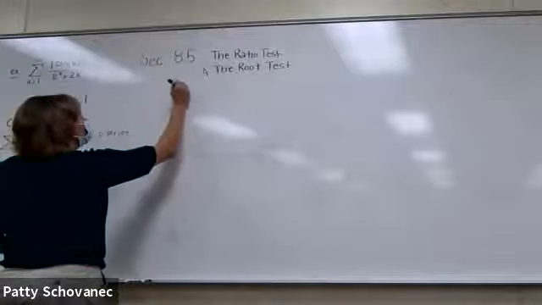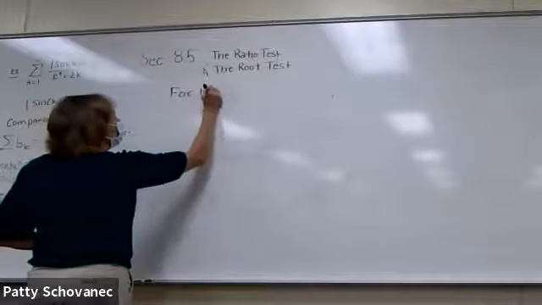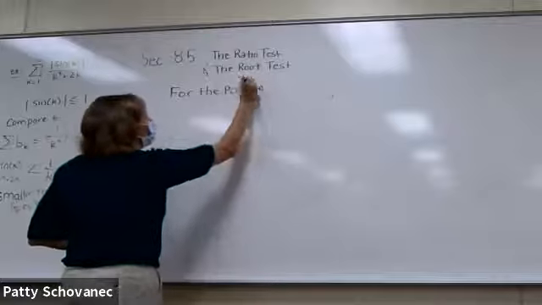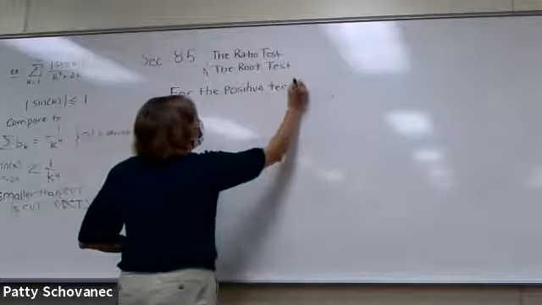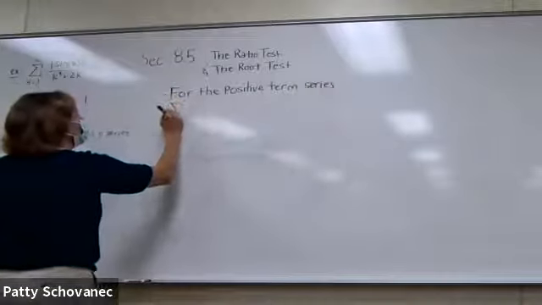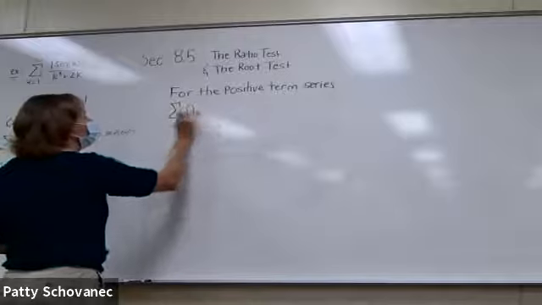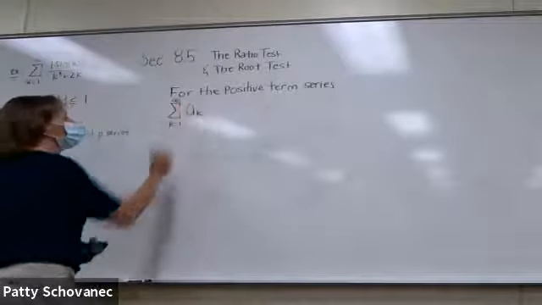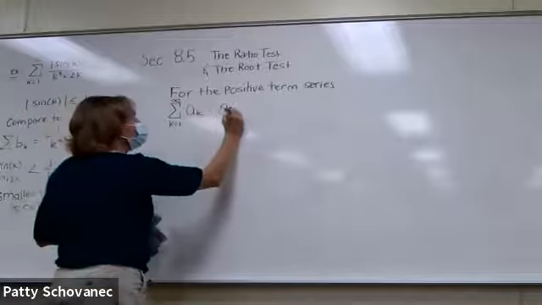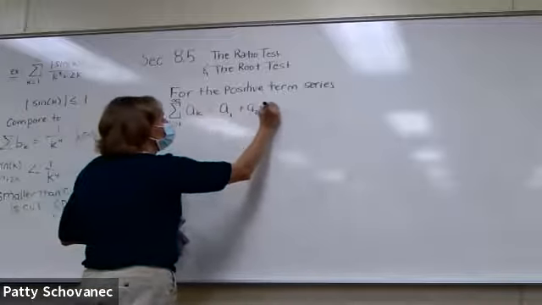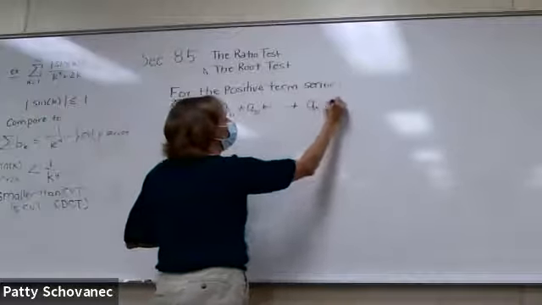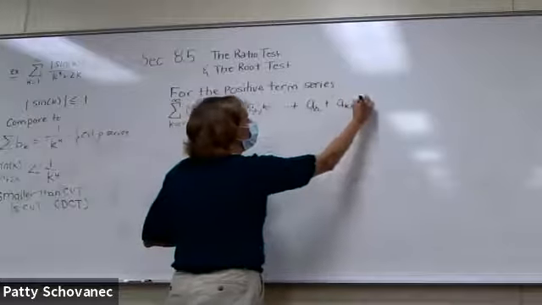So for the positive term series, again, what that means is we're adding a bunch of stuff together so that when we're out here somewhere, we've got the kth term, the k plus first term, and then we keep on adding.